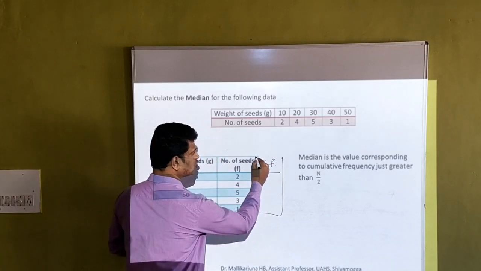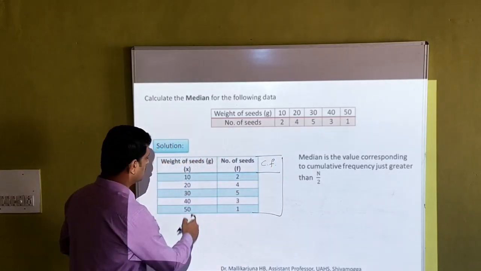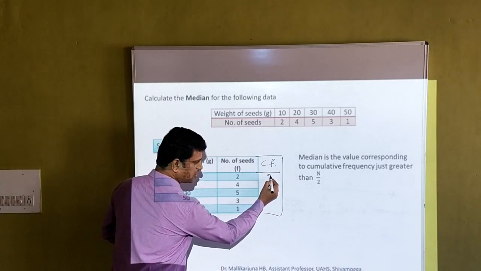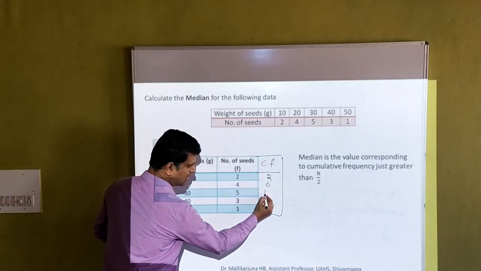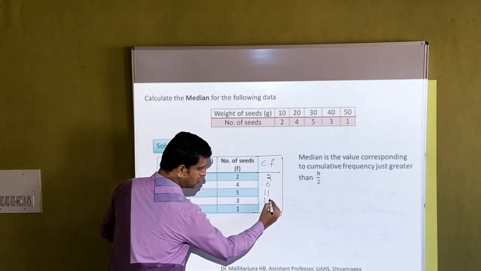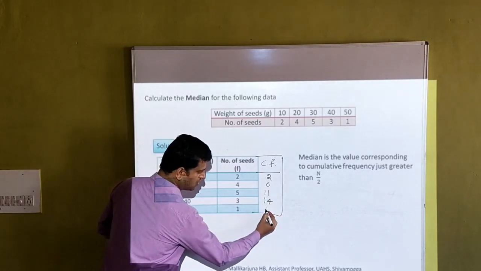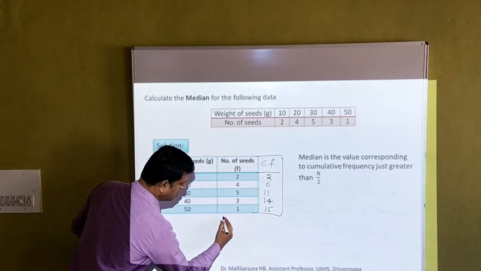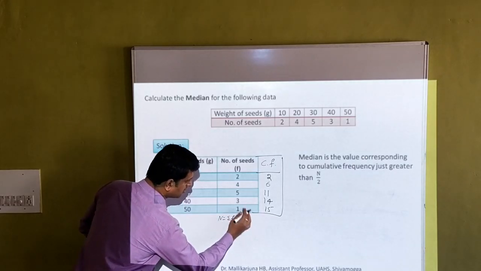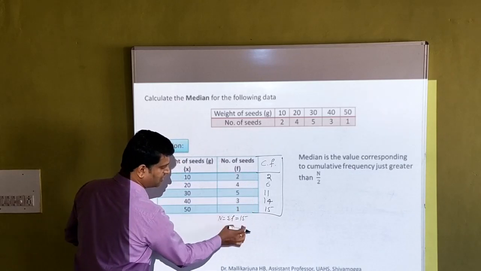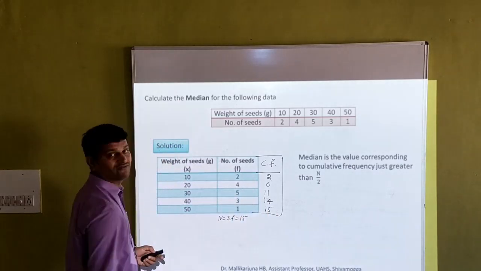So 2, 2 plus 4 is 6, 6 plus 5 is 11, 11 plus 3 is 14, 14 plus 1 is 15. So the total capital N, summation of f, is 15. At last also we get the value 15.